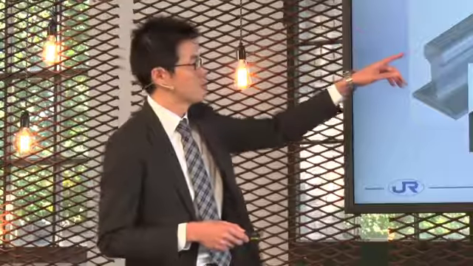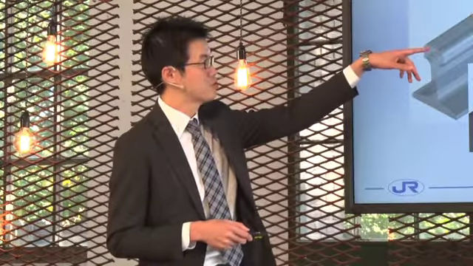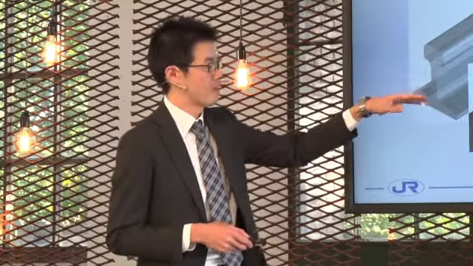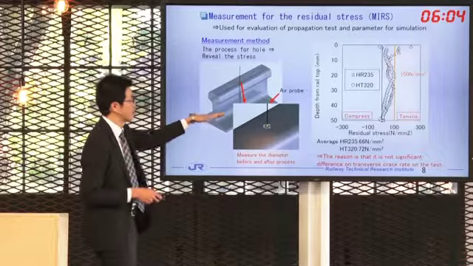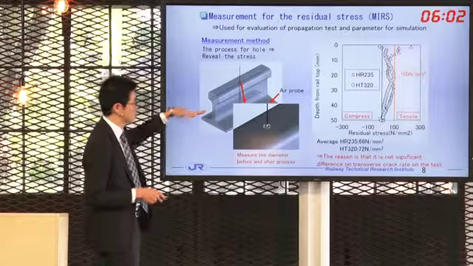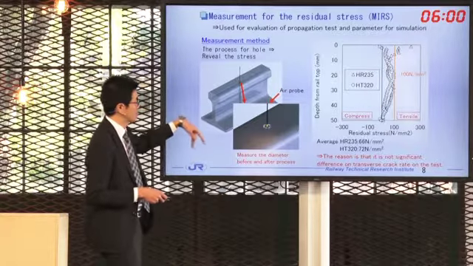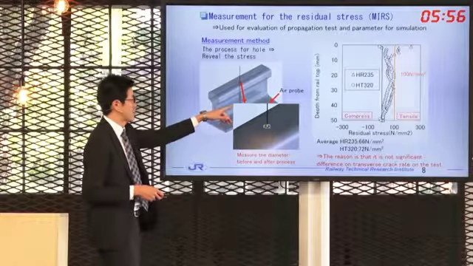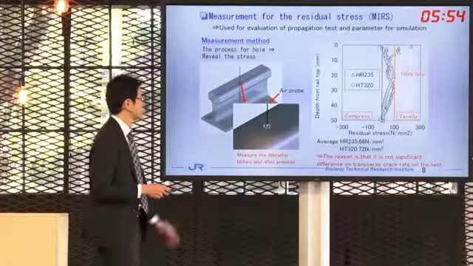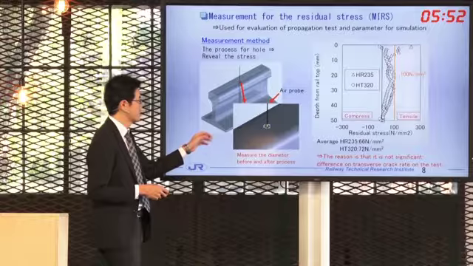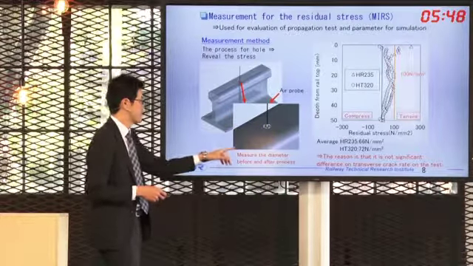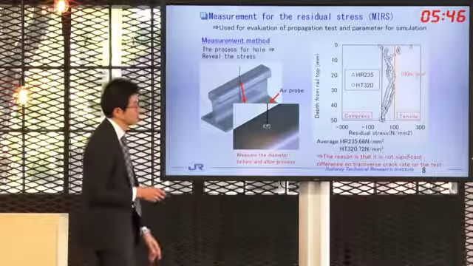We put a hole in the railhead, and then measure the diameter from the top to 5 millimeters depth using an air probe. After that, we process the hole again and measure the diameter before and after processing.